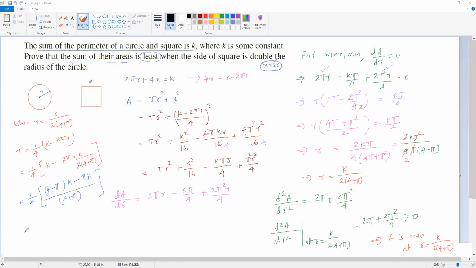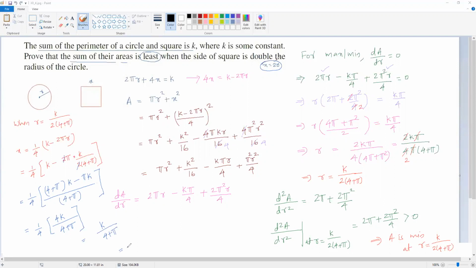So which is equal to 1 by 4 into, अब देखेंगे तो 4 into k 4k plus pi into k pi k, then minus pi k, minus pi k cancel हो जाएगा, divided by 4 plus pi. So which is equal to, 4 कट हो जाएगा, k divided by 4 plus pi.